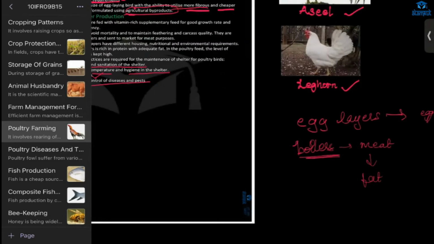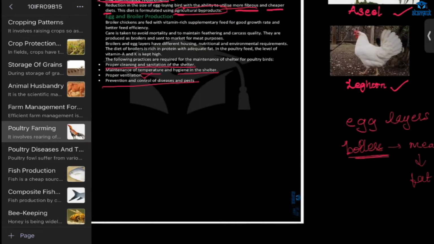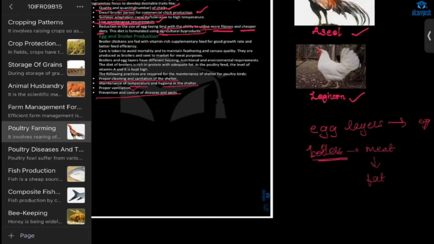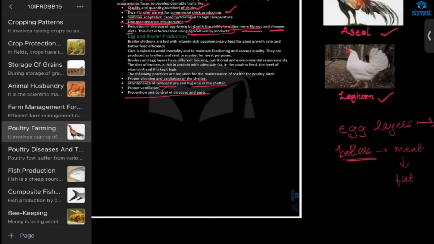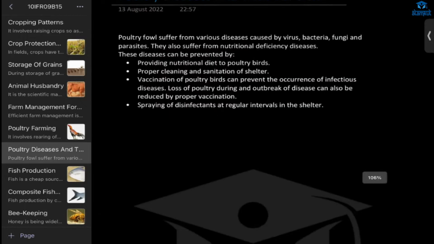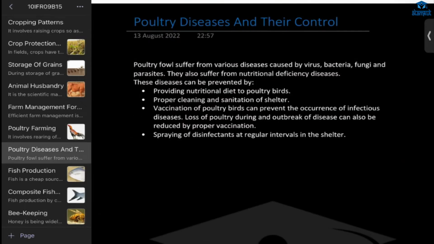These layers and broilers should be regularly vaccinated so that disease won't spread, they don't catch any diseases. And if it does spread, the infected animals are kept separately or they are killed. They suffer from various diseases caused by viruses, bacteria, fungi, and parasites. They also suffer from nutritional deficiency diseases.